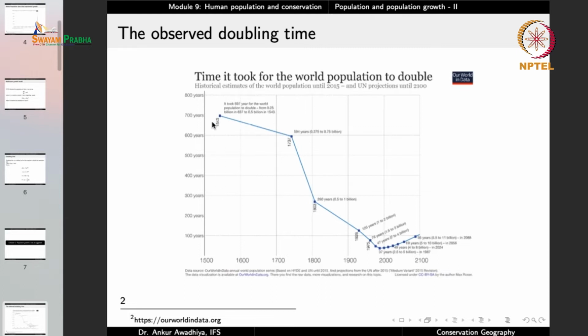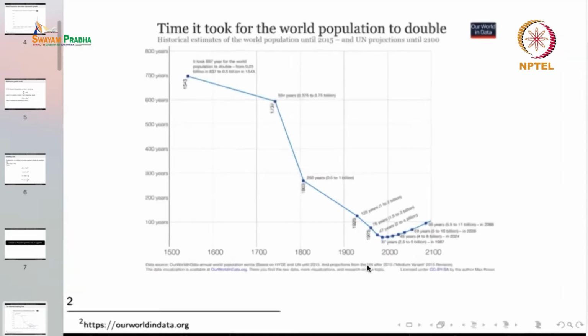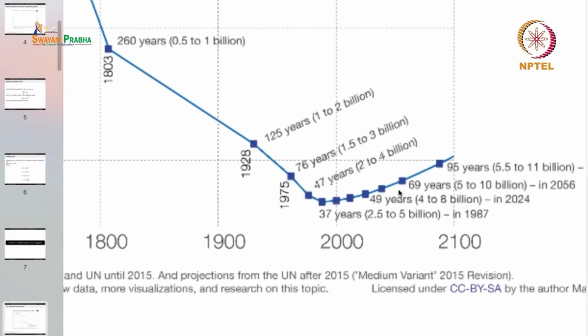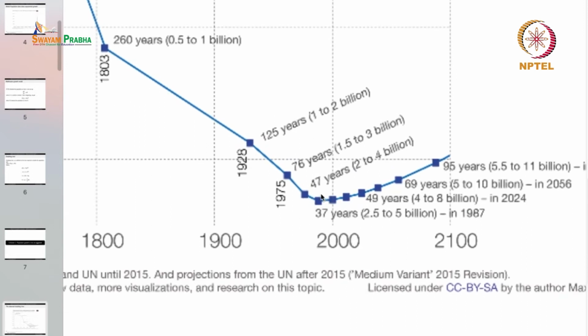Roughly around 1543, the doubling time was around 700 years. Then it kept on decreasing, such that near the year 2000, the doubling time is as low as 37 years.